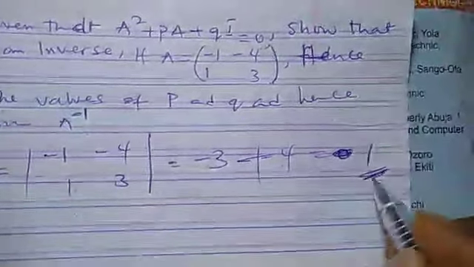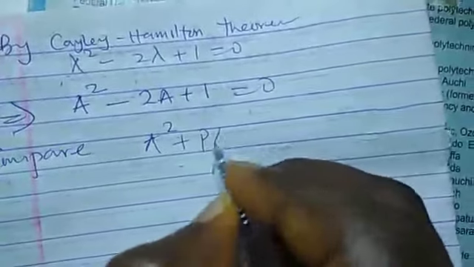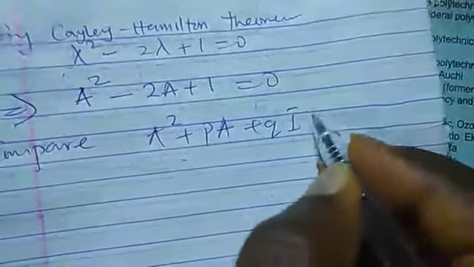If not for the Cayley-Hamilton theorem, we cannot turn the lambda to A. Lambda is the eigenvalue, but the Cayley-Hamilton theorem says that we can turn this lambda to A. So we have this relationship from the given matrix. Now we compare it with A squared plus PA plus QI equal to 0.